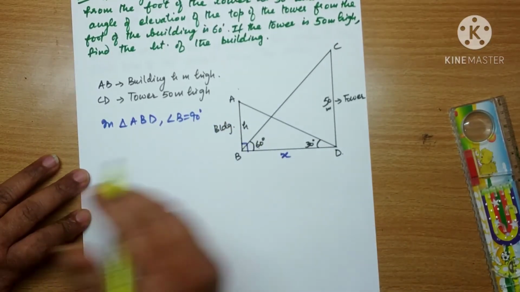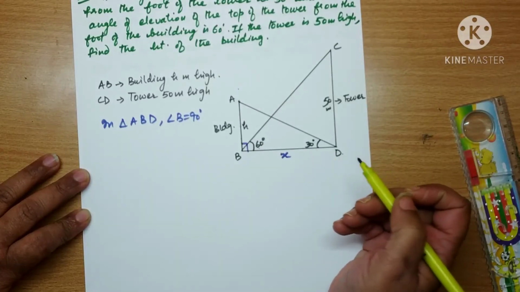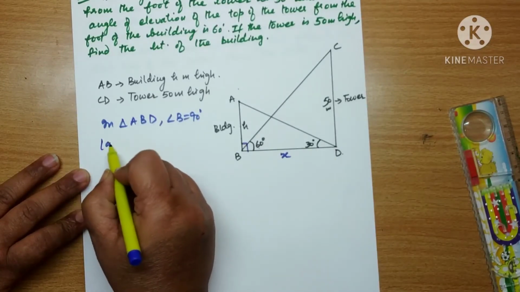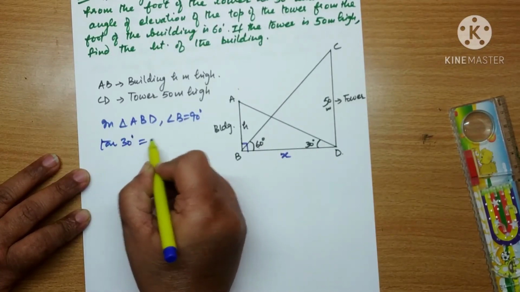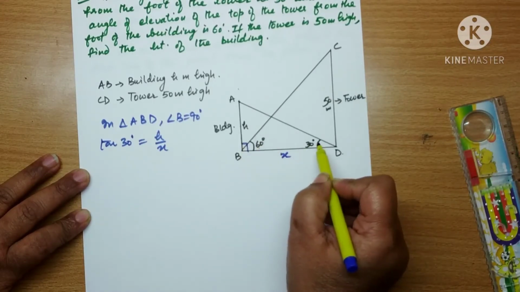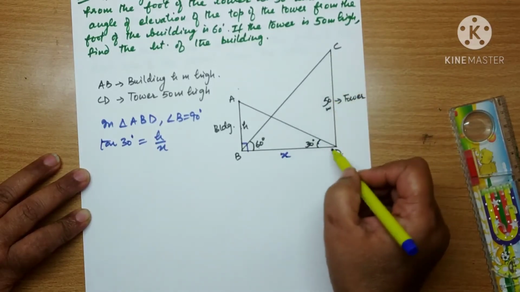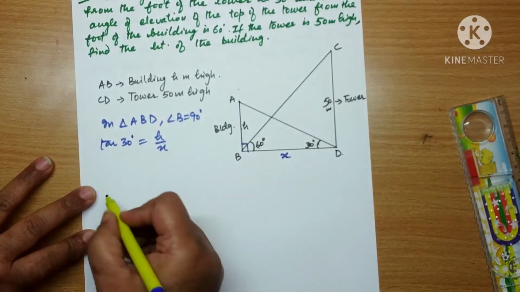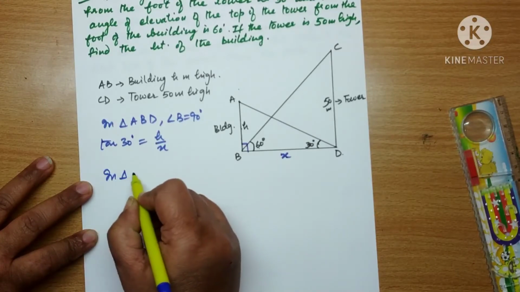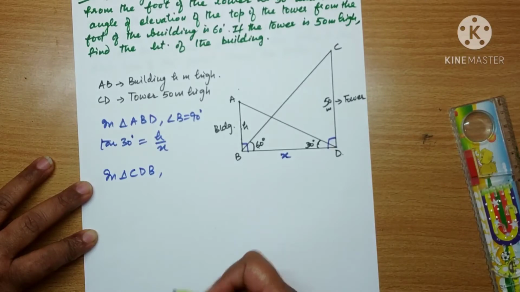So we have h upon x. Tangent 30 is equal to h upon x. See, tangent 30 is perpendicular by base, h upon x. Next, in triangle CDB, we have this angle 90.